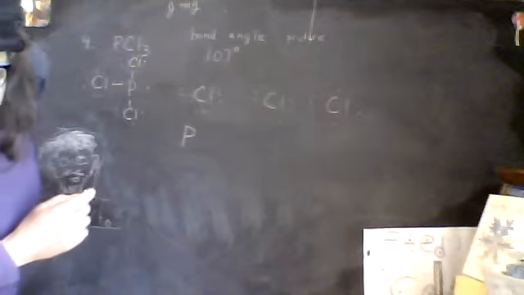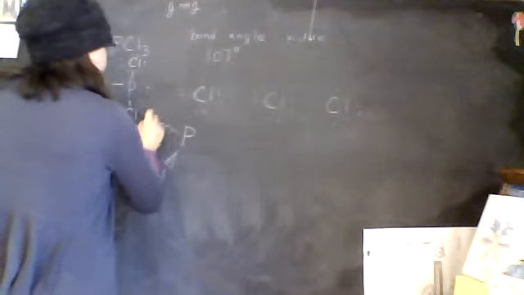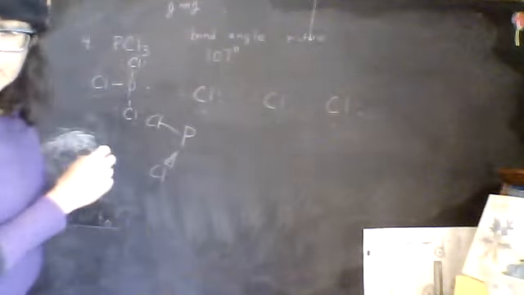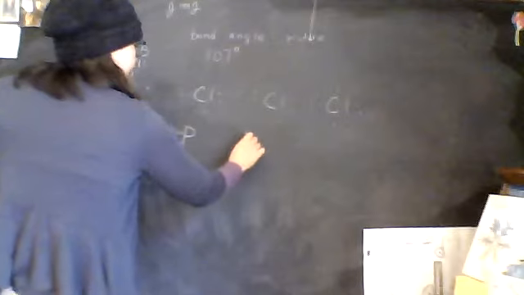Think of the thing that it looks like. We want to have like 107 degrees. So imagine that's 90. Somewhere around like that, right?